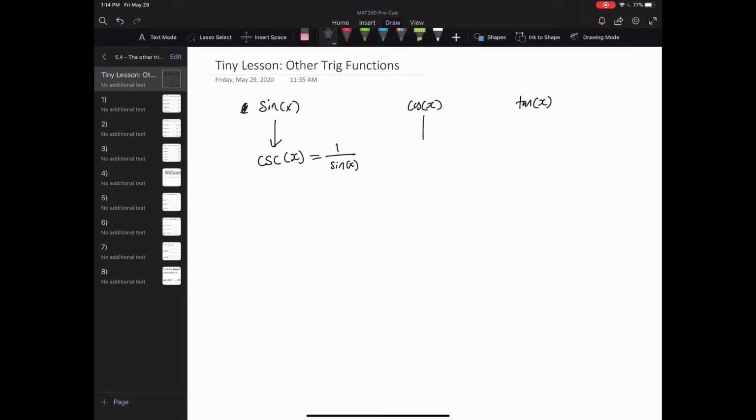Same thing for cosine. The related function to cosine is secant. And that's just 1 over whatever cosine of x is.